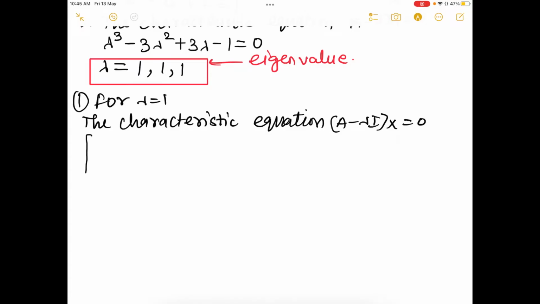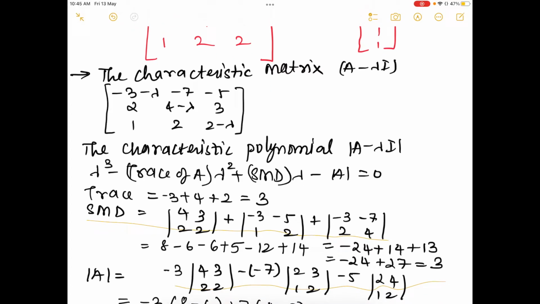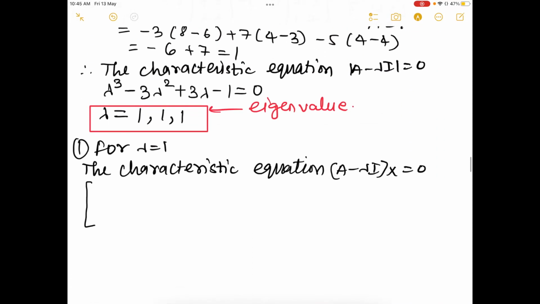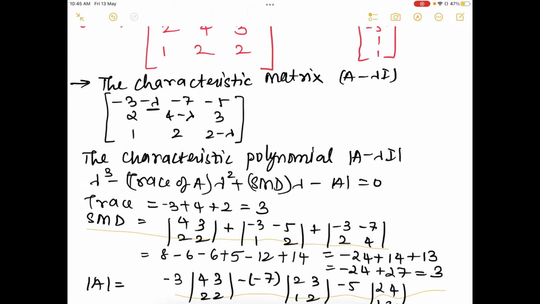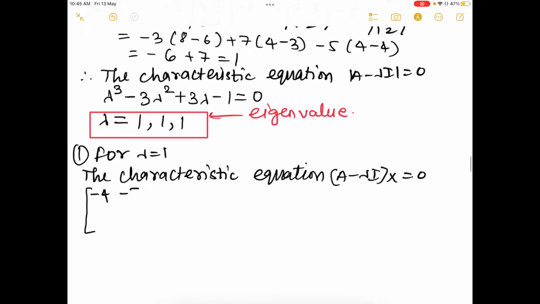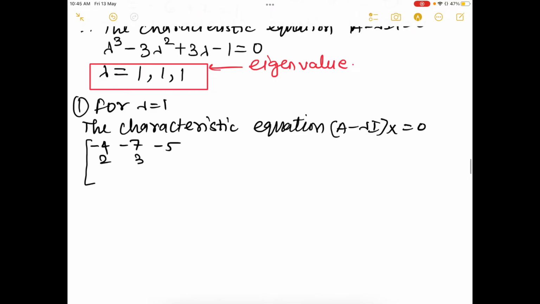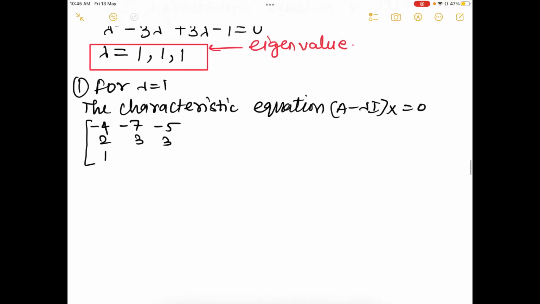We substitute 1 in place of lambda, so that will be -3 minus 1, which is -4, then -7, -5, then 2, 3, 3, and then 1, 2, 1, and in place of x we write x1 x2 x3. This x1 x2 x3 is represented by big X, and that is equal to 0.